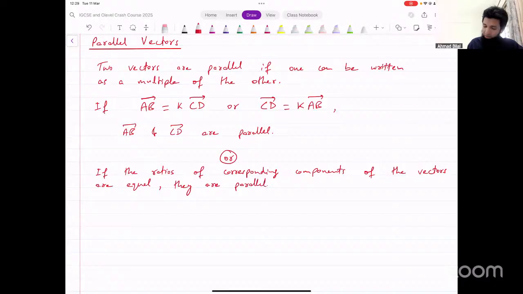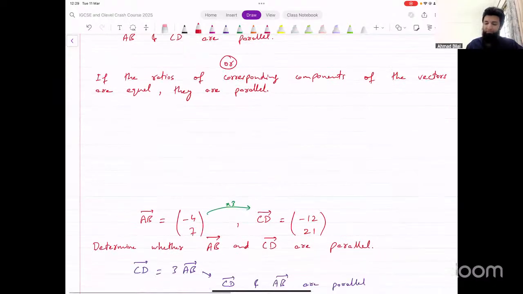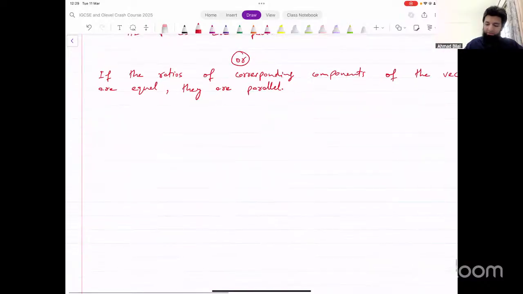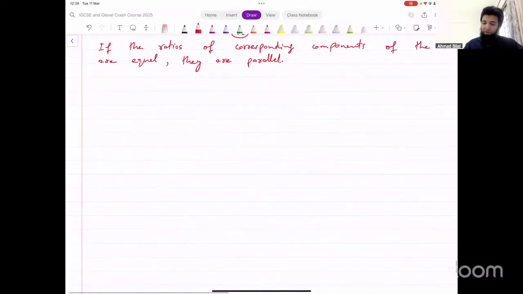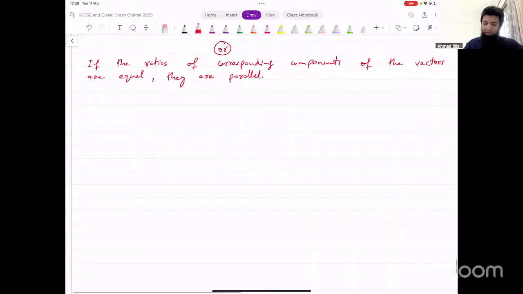It's mostly going to be an easier way of doing this. Let me explain what I mean by this. If the ratios of corresponding components of the vectors are equal, then they're parallel.